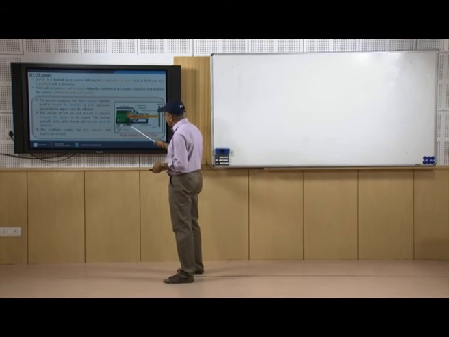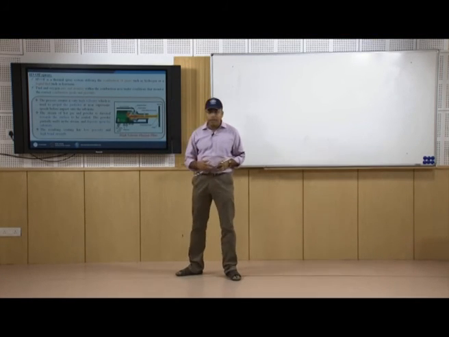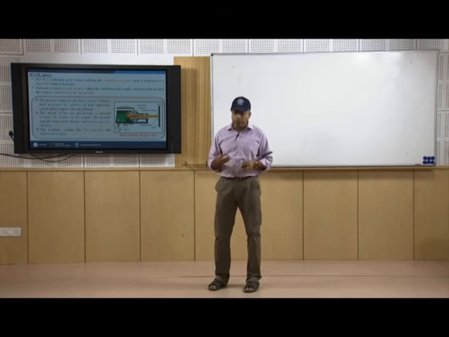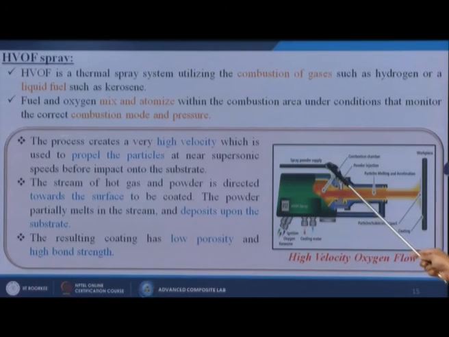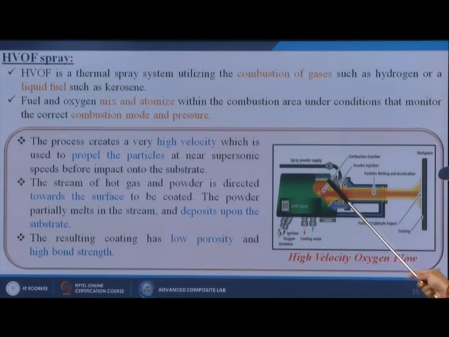Here in this particular case we are putting in oxygen and kerosene, so that they will burn inside and produce a high temperature inside that gun, and through this nozzle we are putting the spray powder inside. So, when this powder is getting heated by this mixing of oxygen and kerosene, after that it attains a very high velocity, by which the particles are melting and accelerated, and then it gives a high impact onto the workpiece.